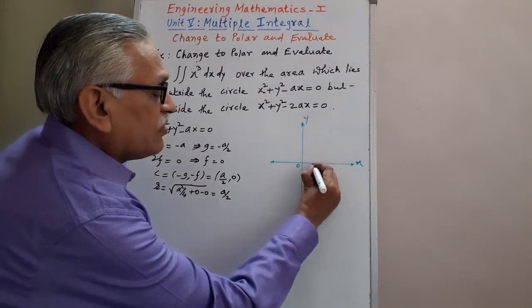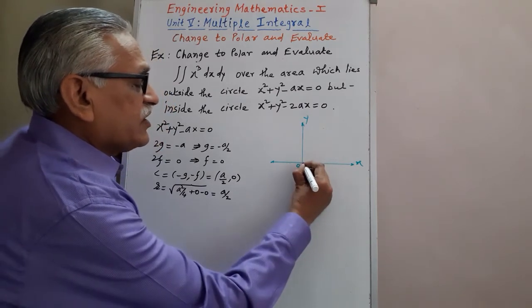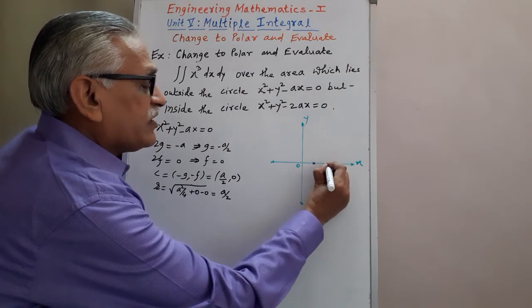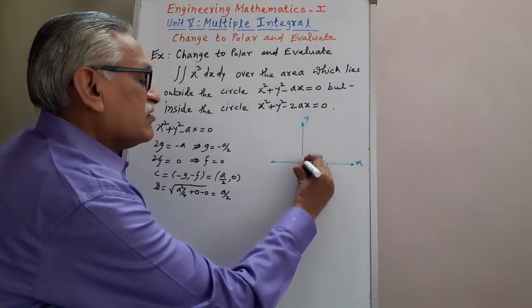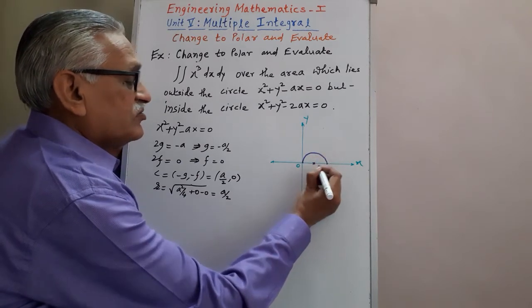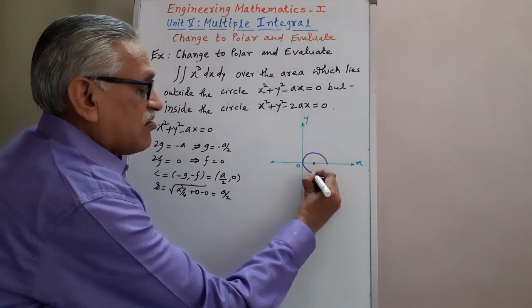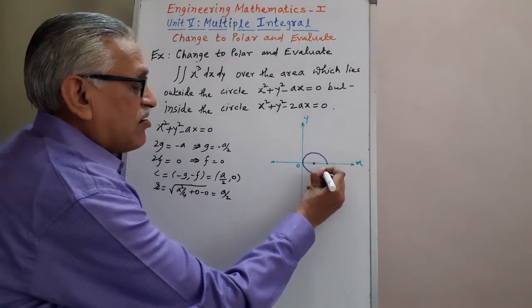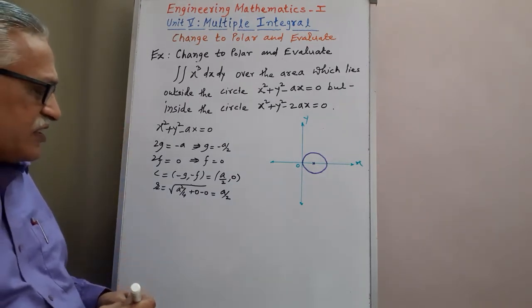Therefore somewhere here approximately, and this much radius as a by 2. Therefore with that center and that radius, if we try to draw that circle, we get one circle, the inner circle.